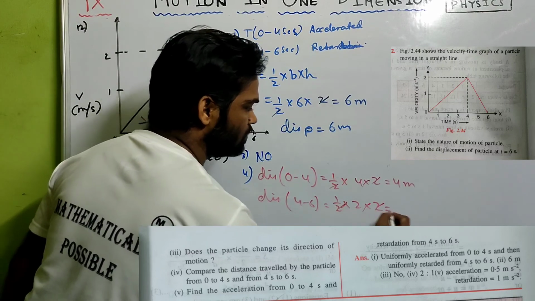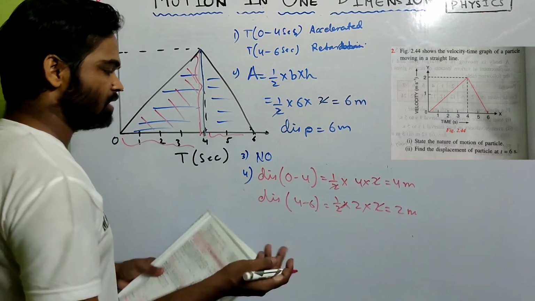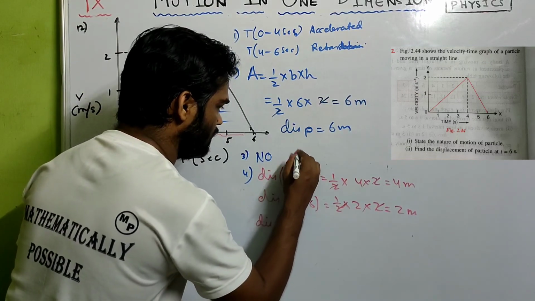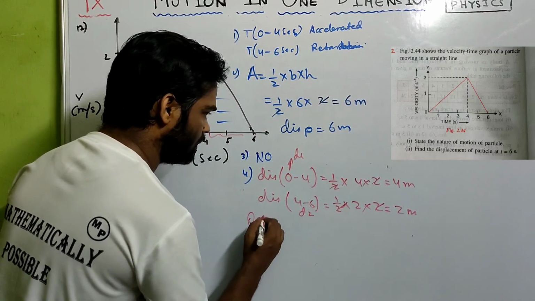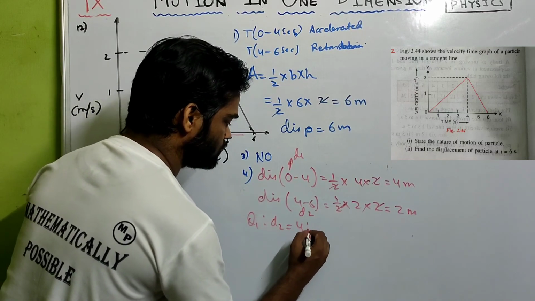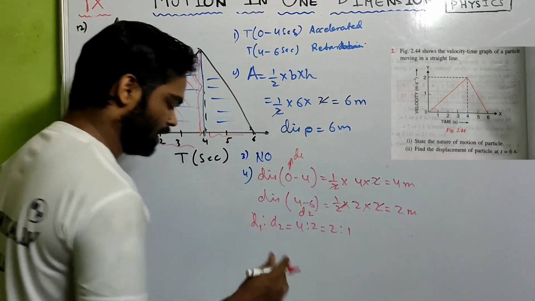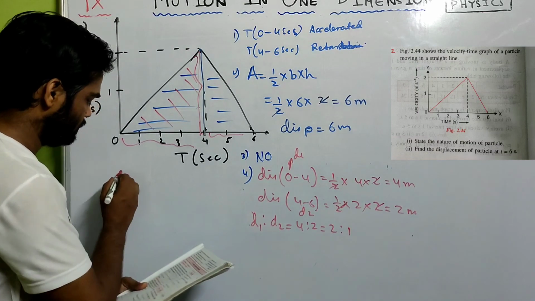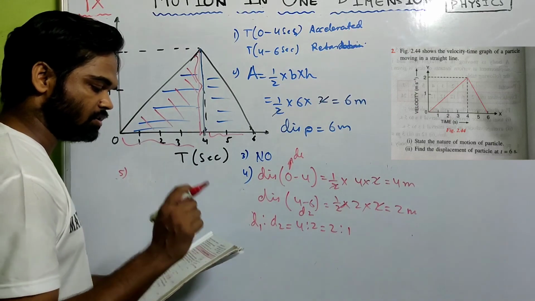We are finding the area, that's 2 meter. Okay, what they've asked, compare the distance. So this is suppose D1 and this is D2. So D1 is to D2, it will be 4 is to 2, that's 2 is to 1. That's the comparison.